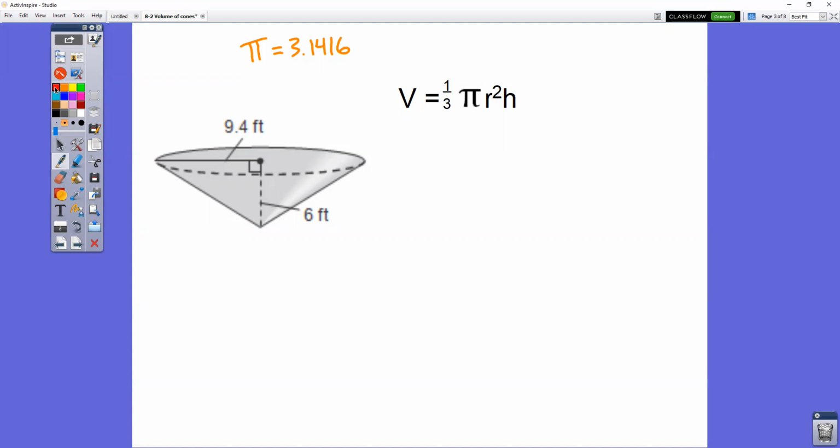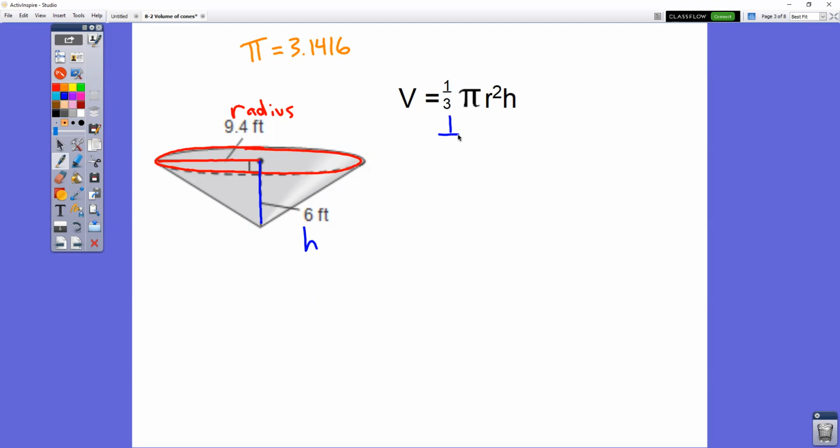So in this one, the circle of the cone is right here. This 9.4 is pointing at the radius of the cone. So this 9.4 is the radius. The 6 is the height of the cone because it goes from the tip of the cone to the center of the cone.